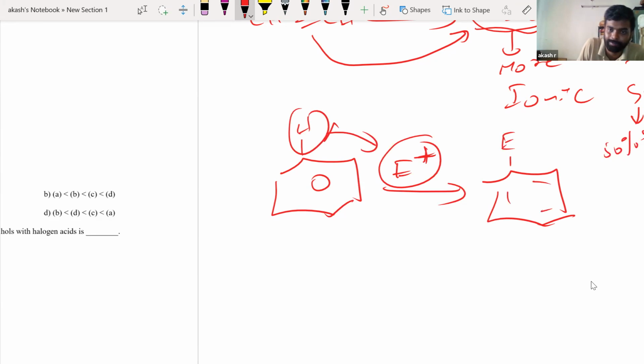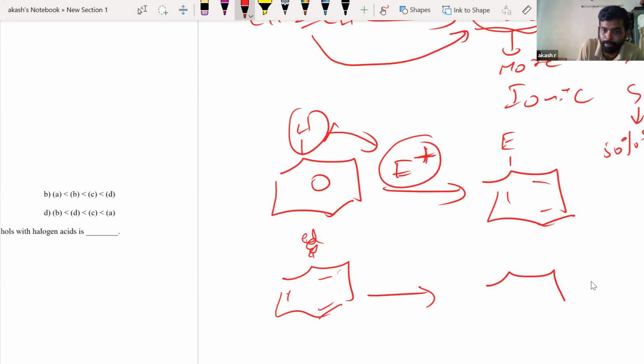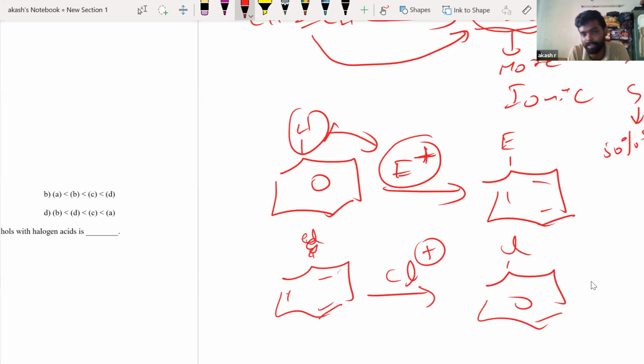This is an electrophile. Every time, creating an electrophile is a little difficult, right? Now, if I have to make chlorine here, that is, if I have to make chlorobenzene, please understand that I need to produce Cl plus, not Cl minus.